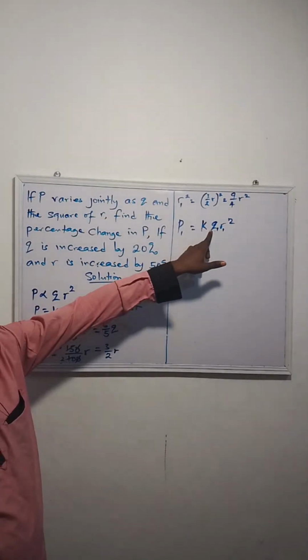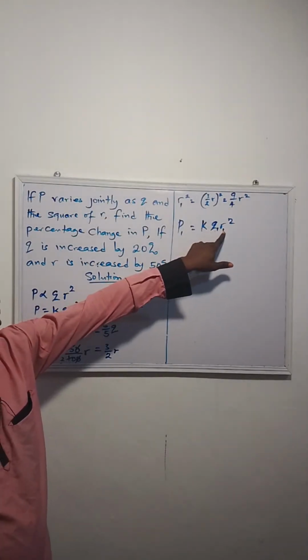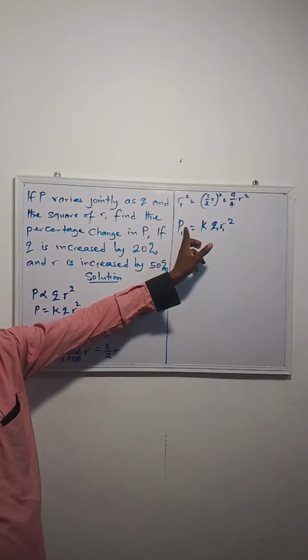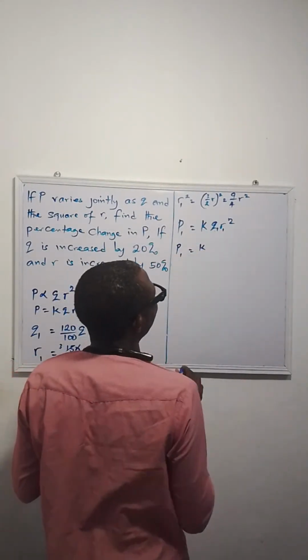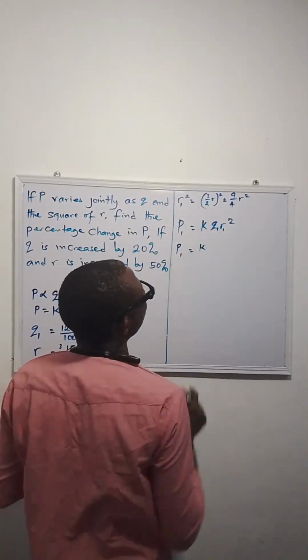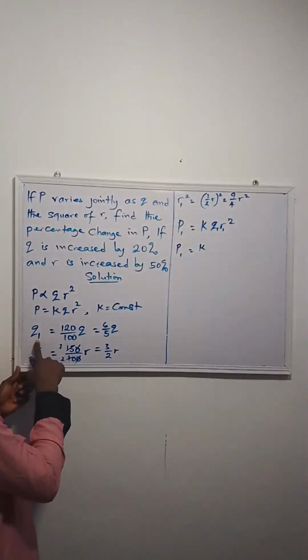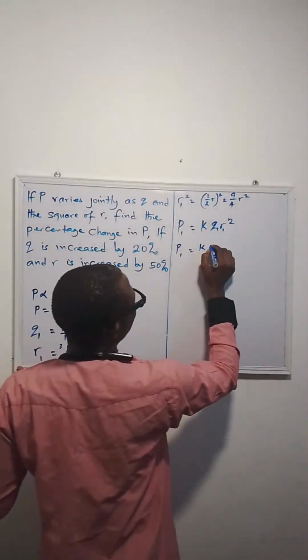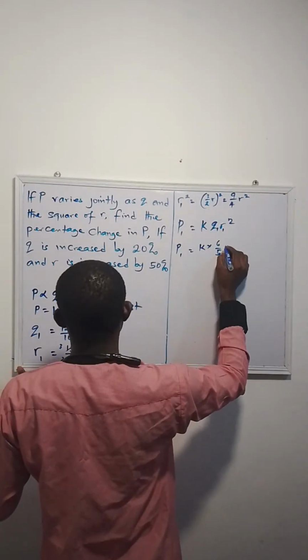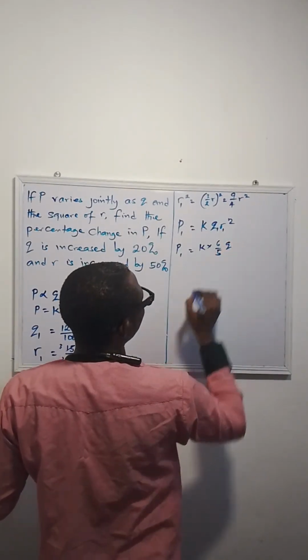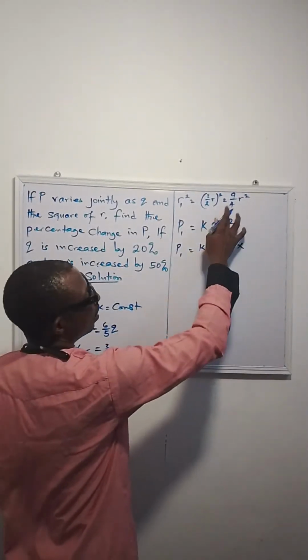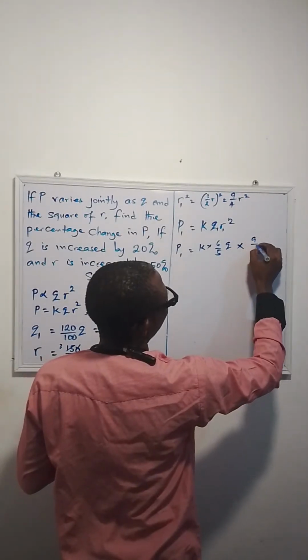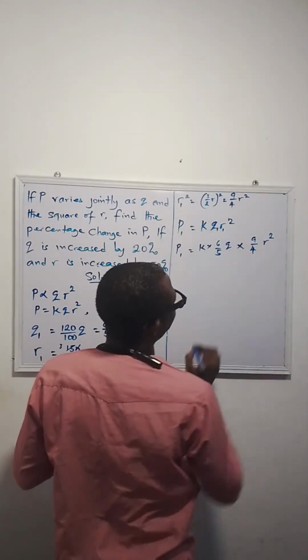Since there's a change in Q and a change in R, there must also be a change in P. So now we have P1 equals K. Now what is Q1? Q1 is 6/5 Q, right, times what is R1 squared? R1 squared is 9/4 R squared.